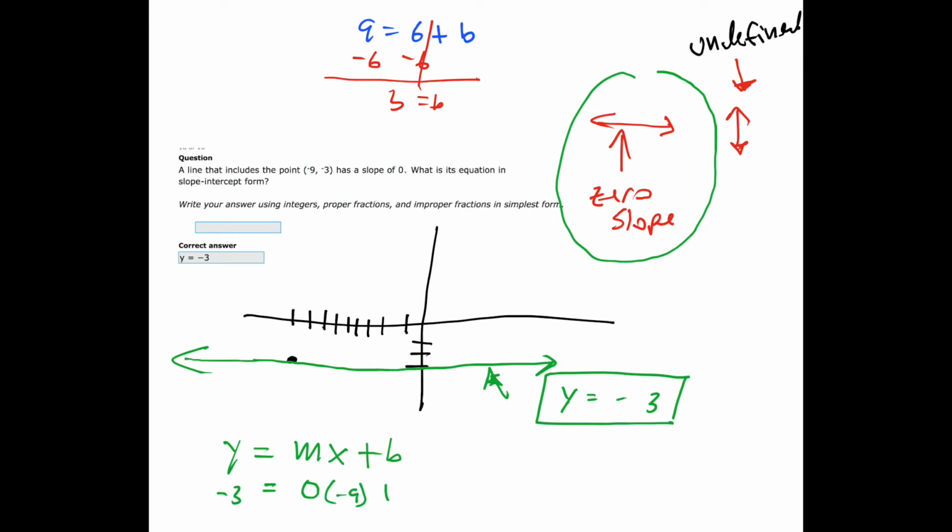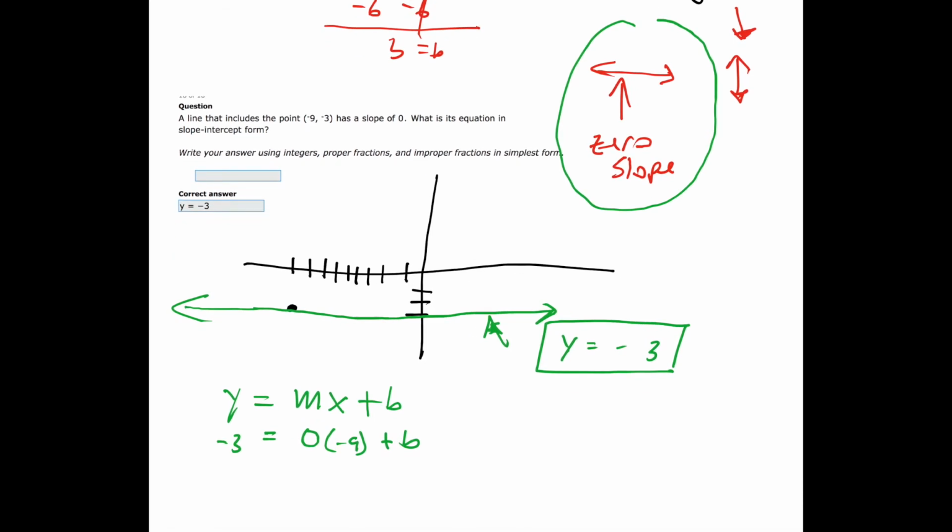And then you go plus b. What do you end up with? So that means -3 equals what? B. Good.